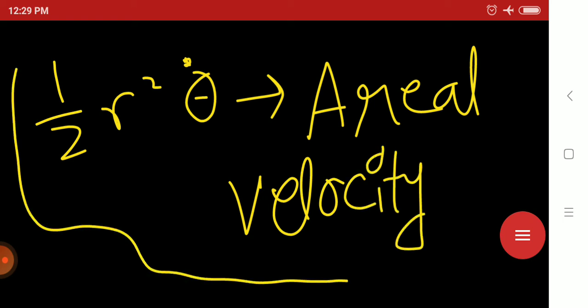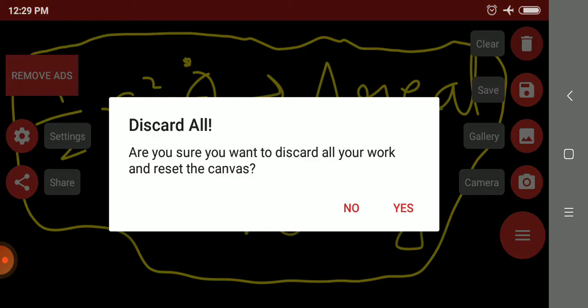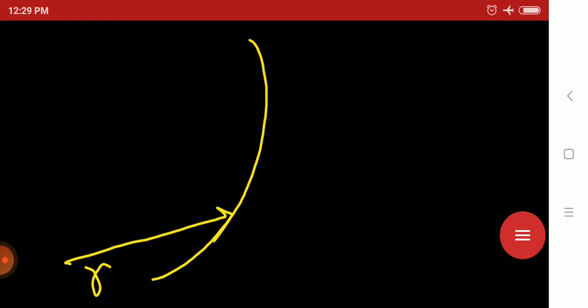Now I'm coming to the definition of areal velocity. In my previous video I drew a picture, where we took a radius vector r, and here is a point P at some distance, P prime.